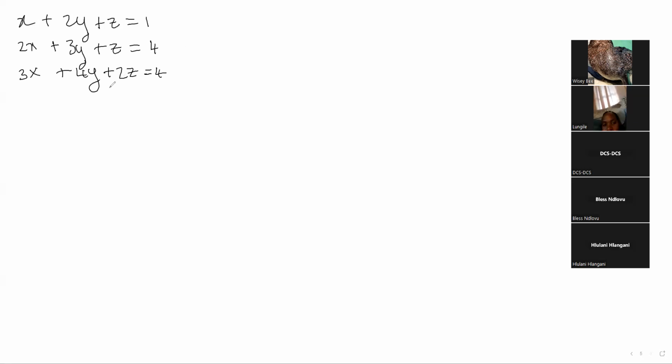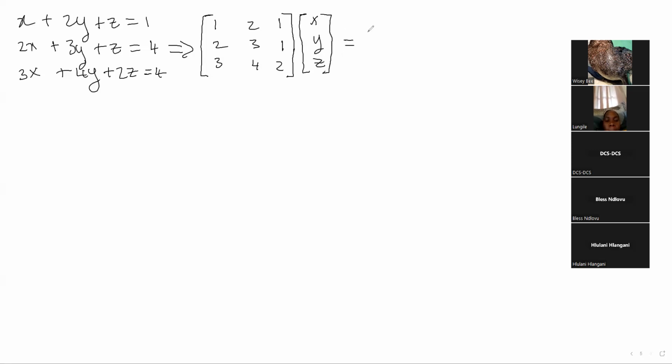The coefficient matrix is made of the coefficients. Another way of writing this is: you write the coefficient matrix 1, 2, 1, 2, 3, 1, 3, 4, 2, times X, Y, Z, equals 1, 4, 4.